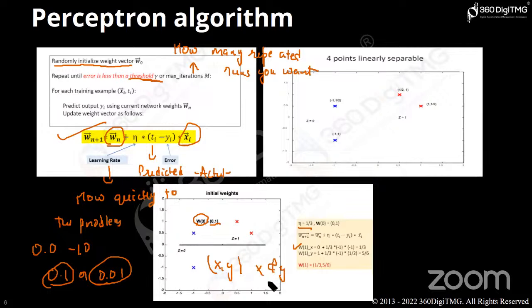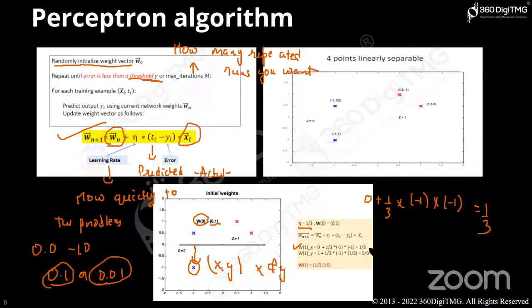So for x, you have 0 plus the learning rate times the error. The error is -1 times the x value. So this error is from this line. So the answer is 1 by 3.